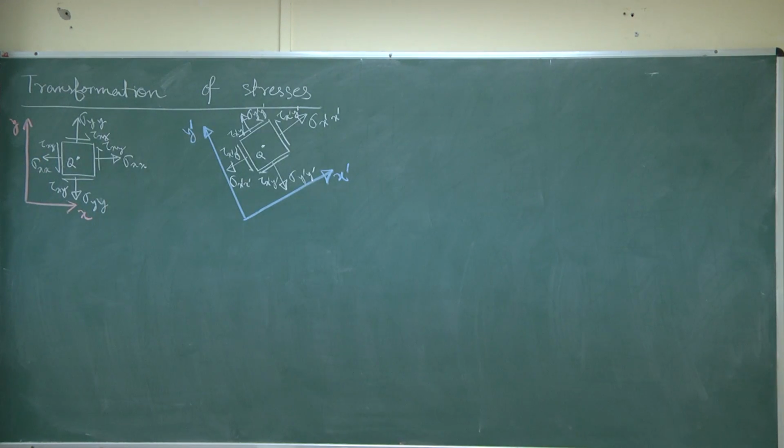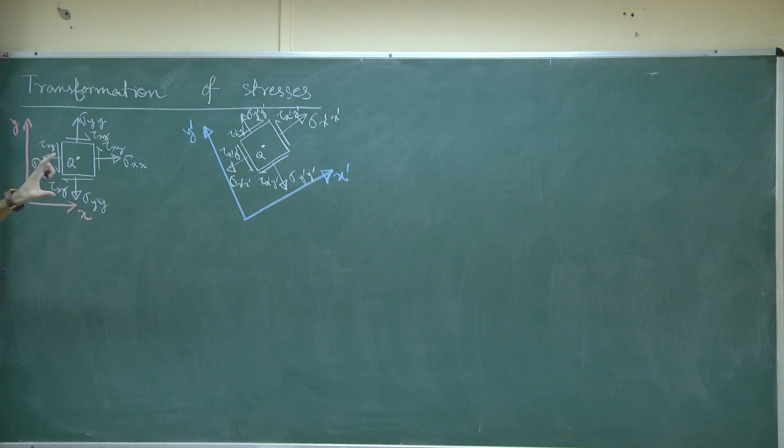Now, in order to find out the relationship between these two sets, the strategy that we will be following will be effectively in spirit exactly the same as the one that we had utilized in finding out the relationship that existed between tau xy and tau yx.